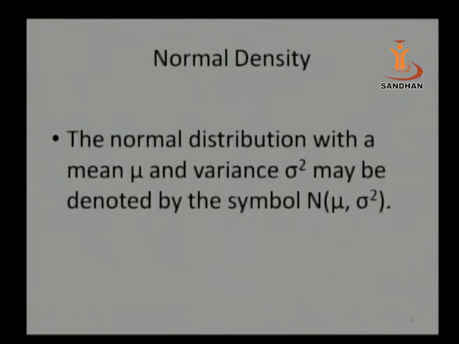The normal distribution with mean mu and variance sigma square may also be denoted by the symbol N, for normal, with mean mu and variance sigma square.